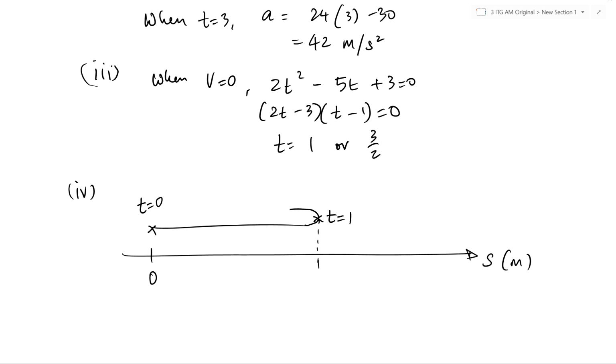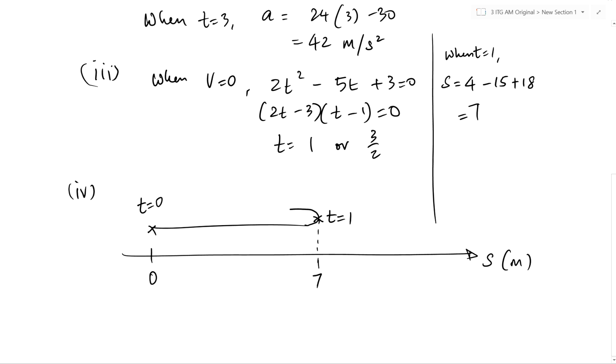Very simple, right? Substitute time equals 1. When time equals 1, our displacement is 4 minus 15 plus 18. How much is that? 1. Not really 1. No lah. 7.